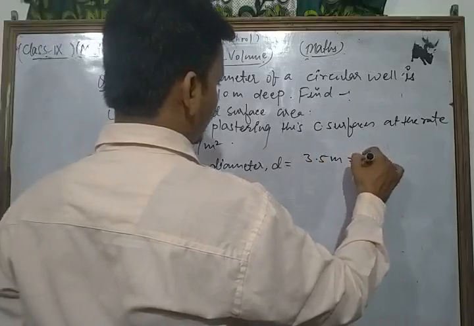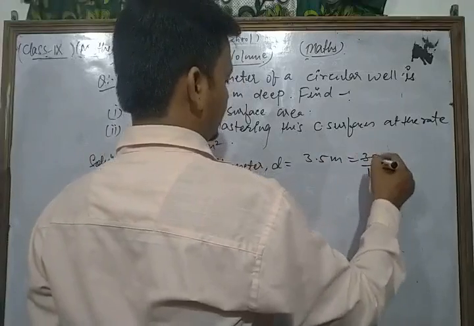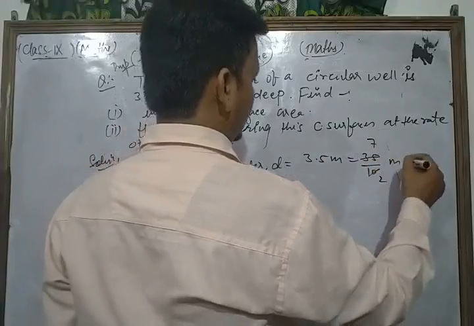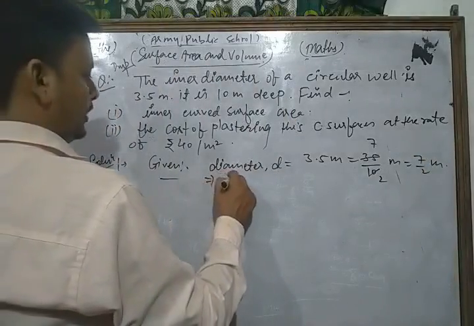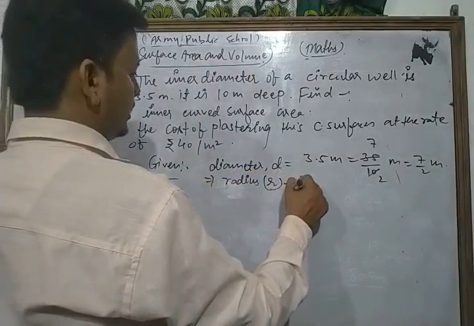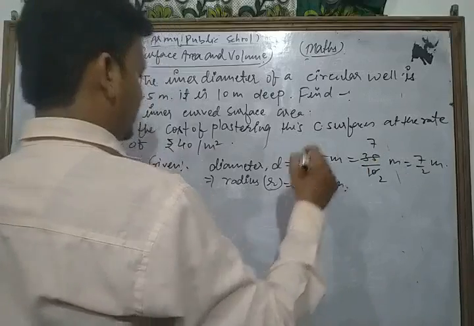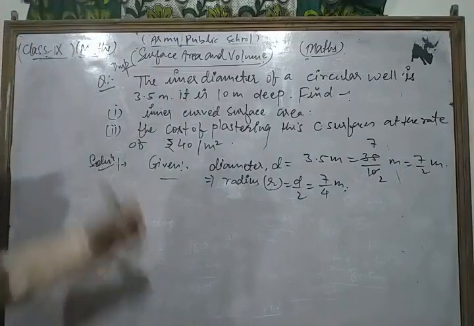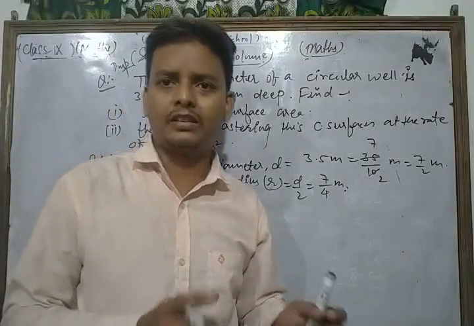or we can write it as 35 upon 10 meter, that is 7 by 2 meter. So its radius R will be D by 2, so divided by 2, we get 7 by 4 meter. This is the radius of the circular well, and you know that a circular well is in the form of a cylinder.